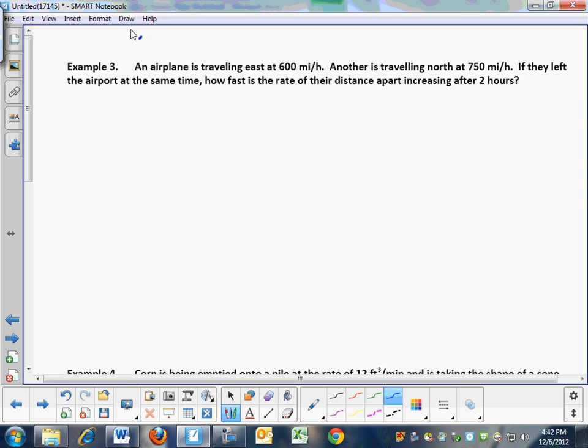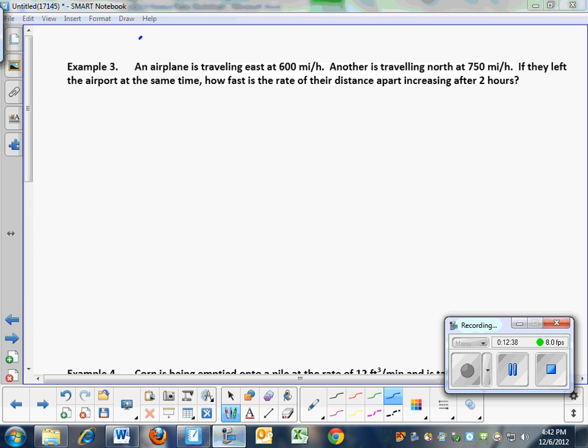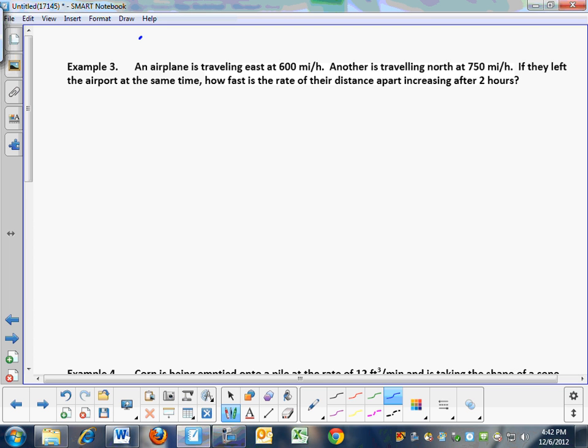An airplane is traveling east at 600 miles an hour. Another is traveling north at 750. They left the airport at the same time. How fast is the rate of their distance apart increasing after 2 hours? Sometimes you don't even know where to start, so start by drawing the boxes.